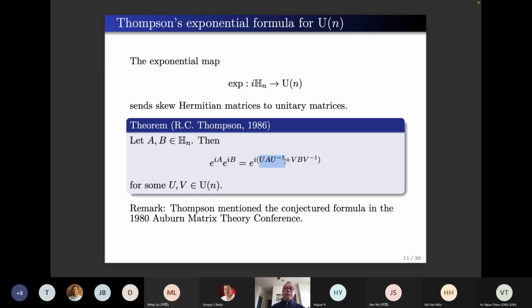That's how I interpret it. So similarly, this guy is an element in the orbit of the other matrix under the unitary group action through conjugation or through similarity, if you like, using the matrix language. All right. So this is nice. That is, you can find, but Thompson's theorem doesn't tell you how to find U and how to find V. So this is a theoretical result, though it's beautiful.